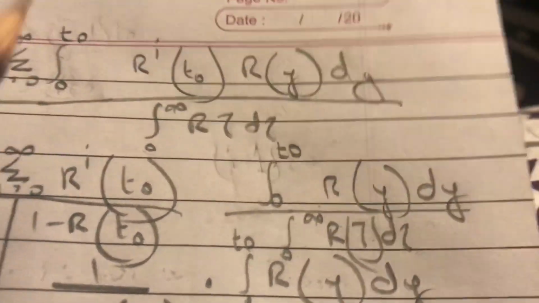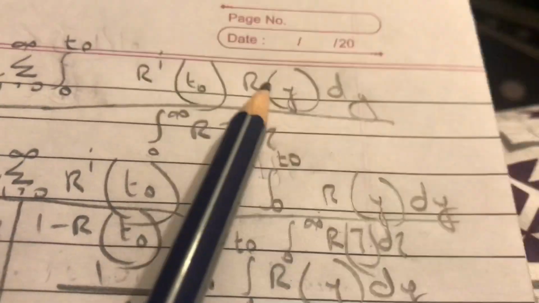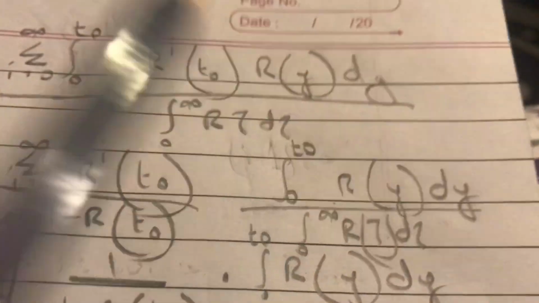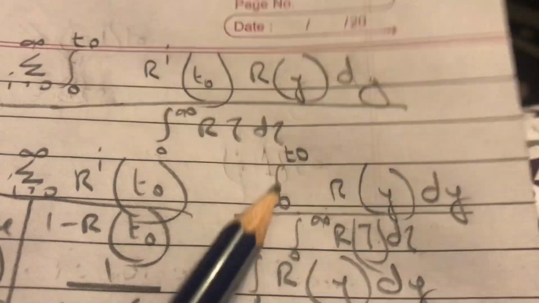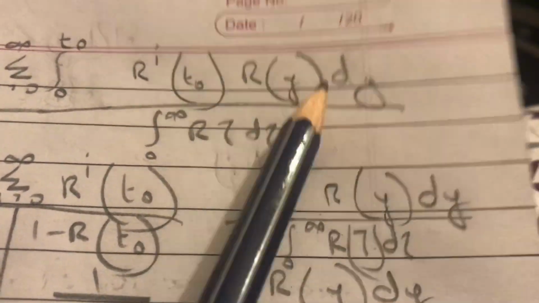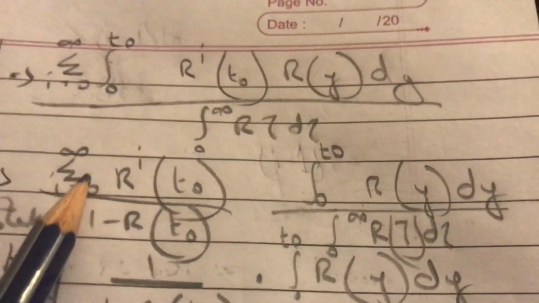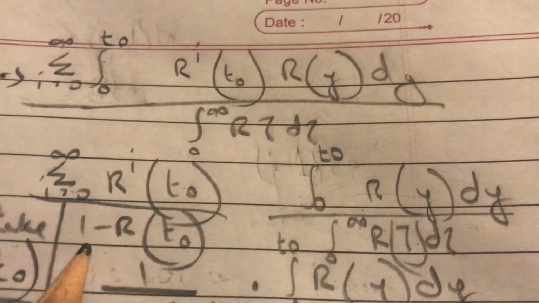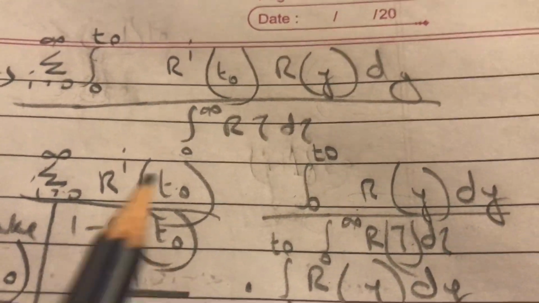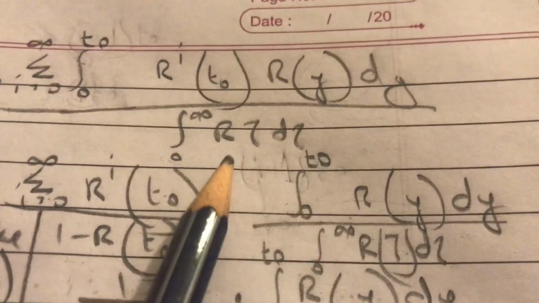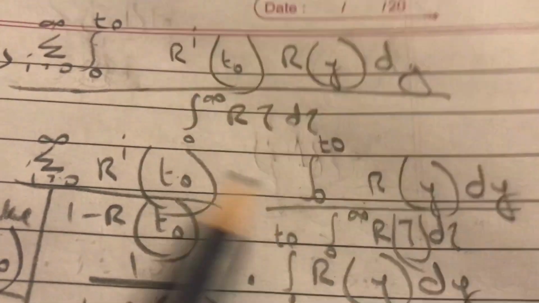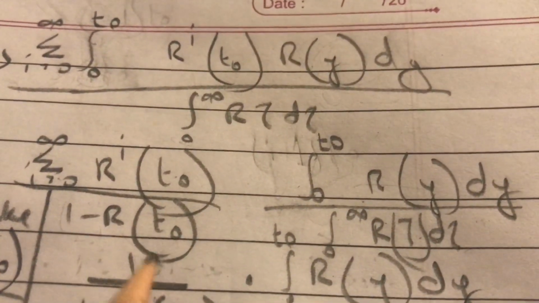This integration sign should come here. So that's all we do. We put the integration sign here, R(y) and dy, and the rest remains here. And what is next? 1 minus R(t0). Okay, and this is here, 1 minus R(t0).